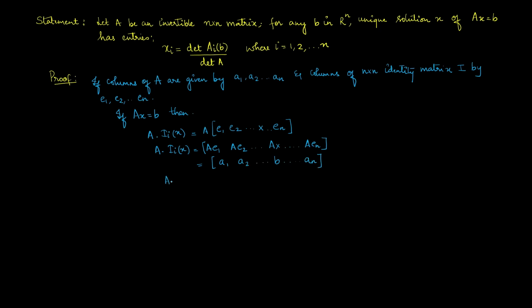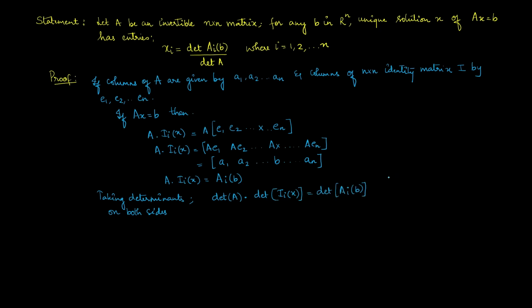So the matrix A, when multiplied with the identity matrix, is going to be equal to the columns A1, A2 up till An. Let me take the determinants on both sides. I will have determinant of A multiplied with determinant of Ii(x) equal to determinant of Ai(b).